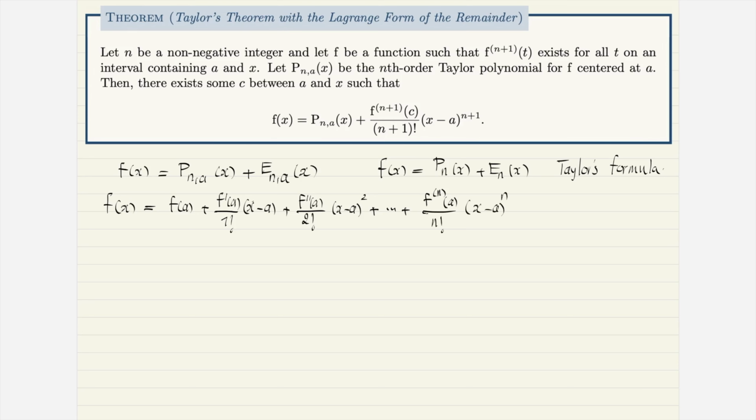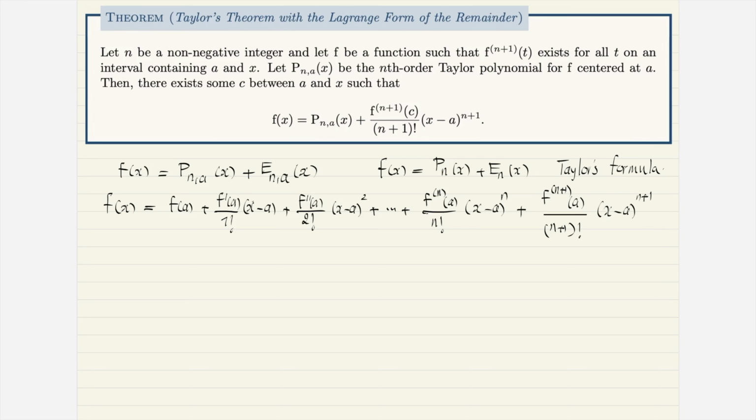Pretend that you want to continue one more step. What would happen? You would have written the n plus first order derivative of f calculated at a divided by n plus 1 factorial, and then x minus a to the power n plus 1. So if you want to write the n plus first order Taylor polynomial, that is what you have written.